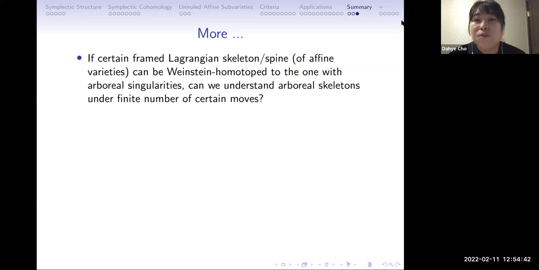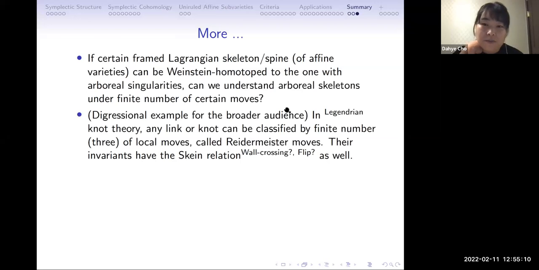I'm curious whether a certain framed Lagrangian skeleton or spine of an affine variety can be Weinstein homotopic to something simpler, with arboreal singularities, and then can we understand them? Can you classify them, or understand a birational morphism like a flip?